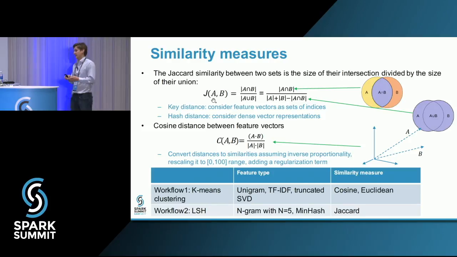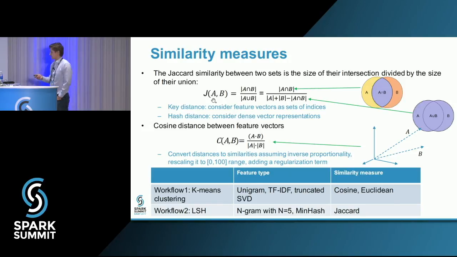I have to say that there are 2 different varieties. One uses the key distance, considering the feature vectors as sets of indices, and doesn't care about the frequency of the n-gram and the token, and also the hash distance. What I use is the key distance here, and cosine, as well as Manhattan and Hamming distances.